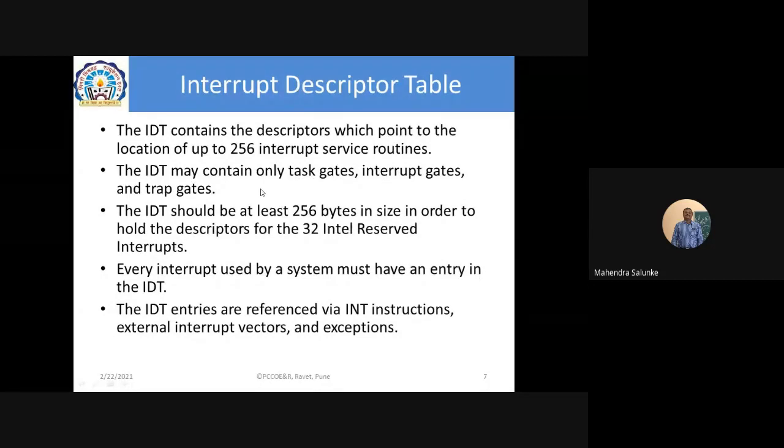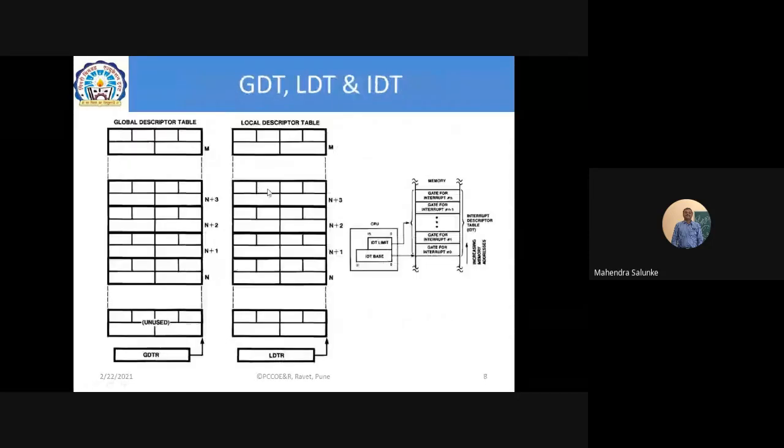So all entries in the IDT are gates, that's why gate for 0, 1, 2, like that, up to n. And n is variable. Minimum 31 I can have, but later on I can have up to 100, 200. The maximum value for n is 255. All right.